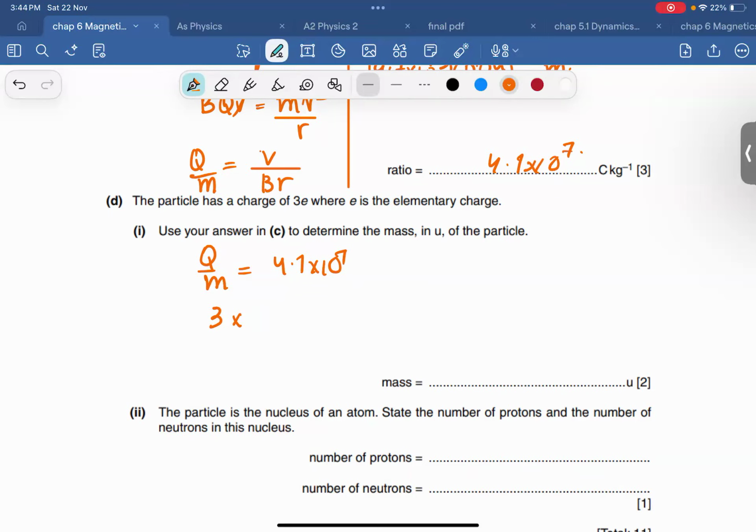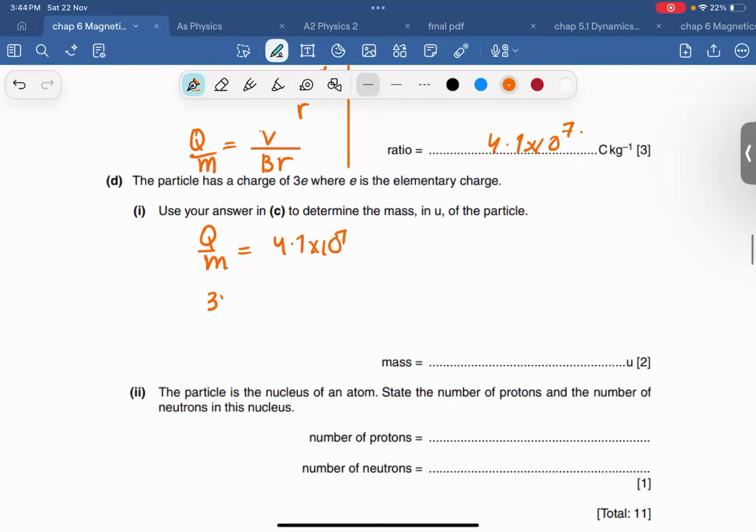So we have 3 into 1.6 exponent negative 19, divided by 4.1 exponent 7, gives me M. How much?